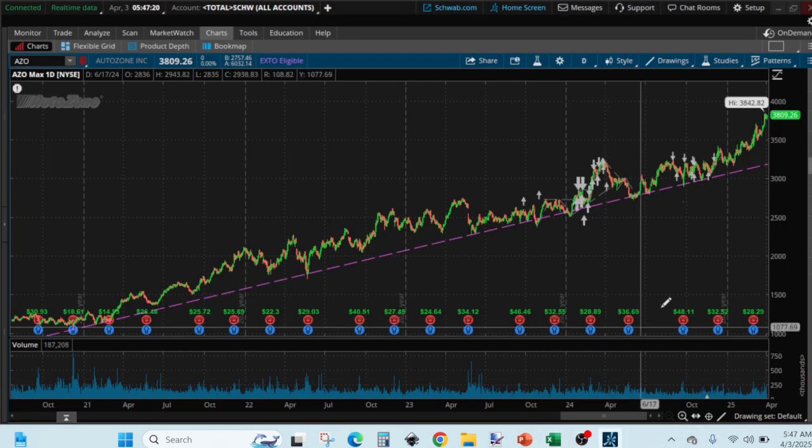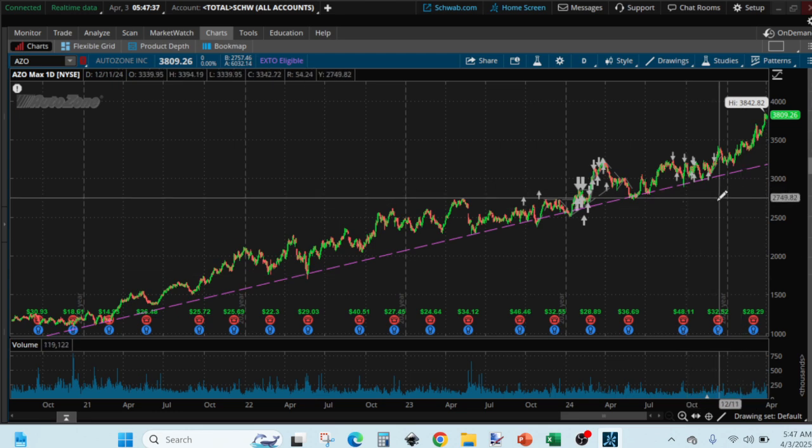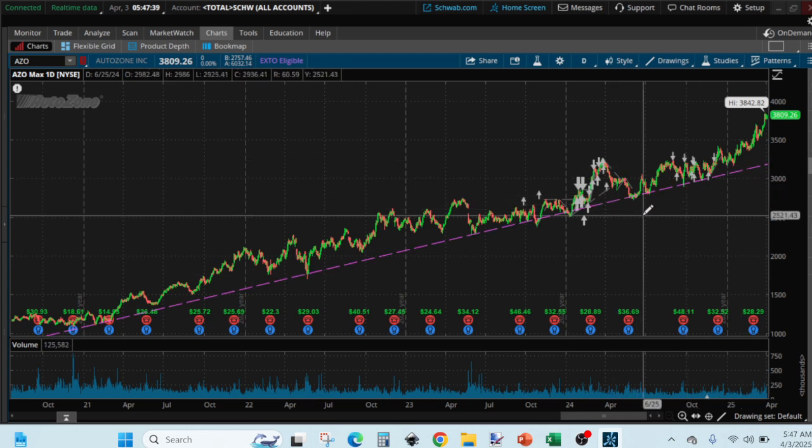So, yeah, this concludes one way you can analyze stocks when doing your daily chart analysis, if you are using the long option swing trading strategy, and those stocks are upward stocks.